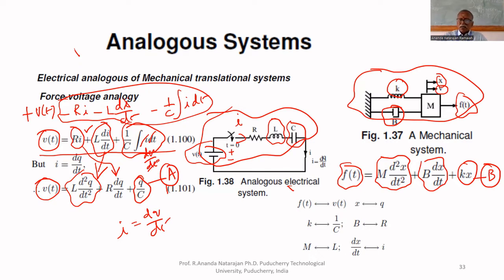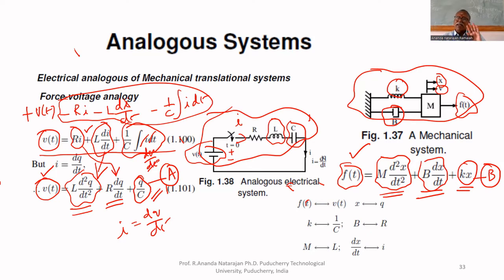Here f of t, here v of t; m d square x by dt square, here L d square q by dt square; b dx by dt, here r dq by dt; kx, here 1 upon c q.